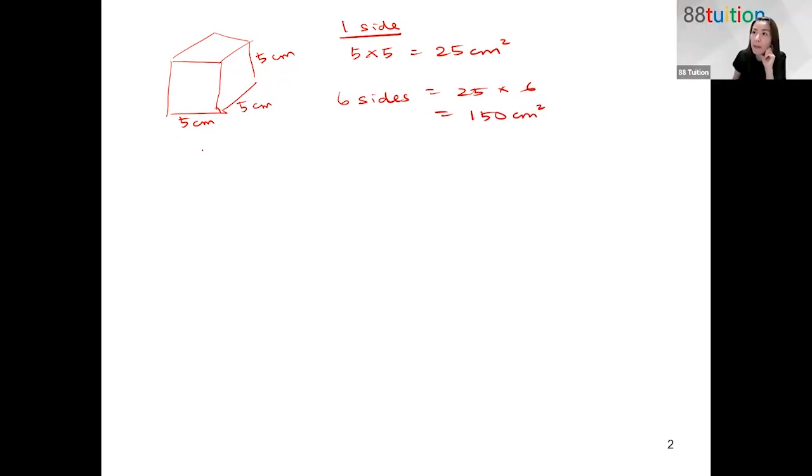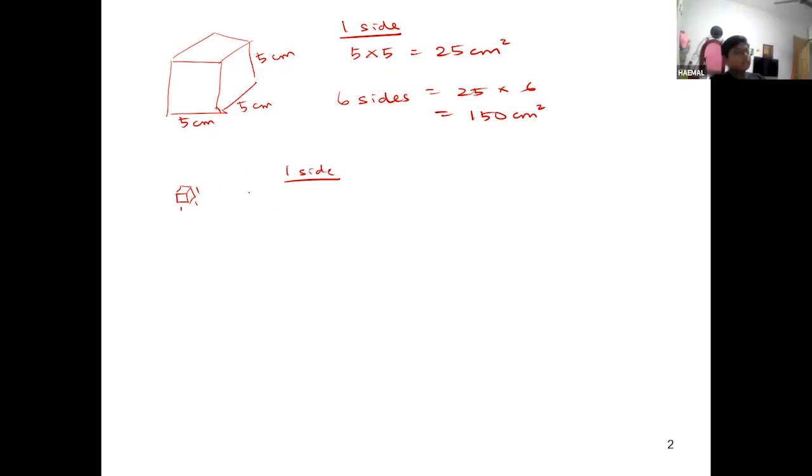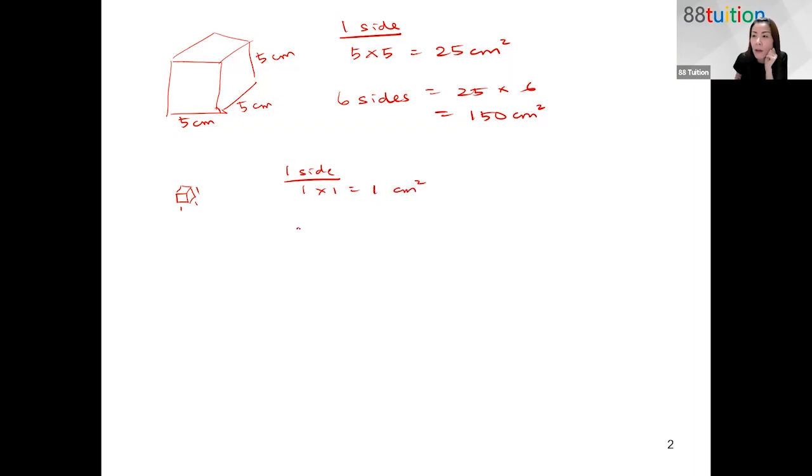And then now, if I were to cut these into smaller pieces, each piece is only 1 by 1 by 1. Can you tell me what is the area for one side? 1 cm squared, so it's 1 times 1 cm squared, 6 sides, 1 cm squared times 6.